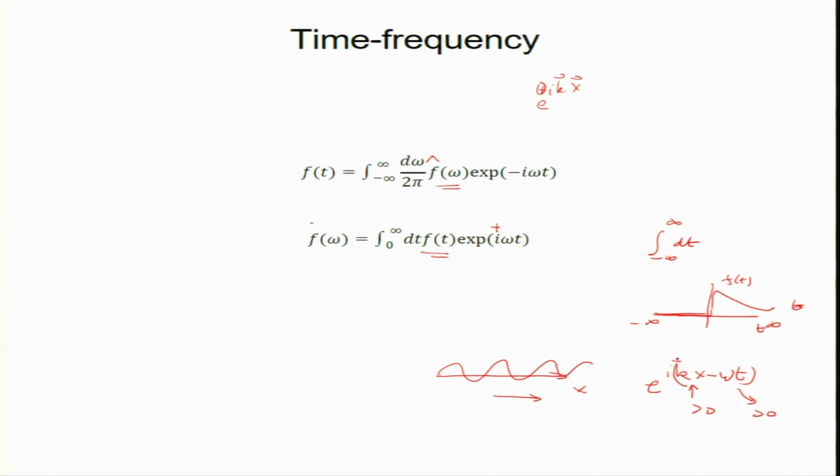So, there is a plus sign for i k x, but a minus sign for omega t. Please remember this, there is a minus sign here, and now for the inverse transform, f(t) to f hat at omega, I have to put a plus sign. So, this is when we just deal with time series.